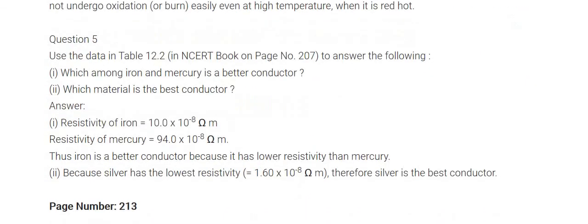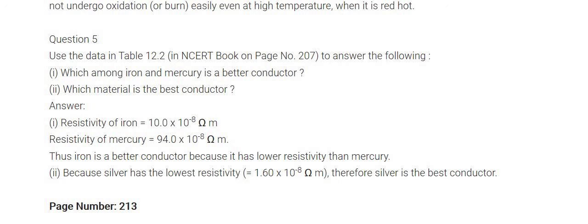Now let's move further. Use the data in Table 12.2 to answer the following questions. Which among iron and mercury is a better conductor? And second, which material is the best conductor?